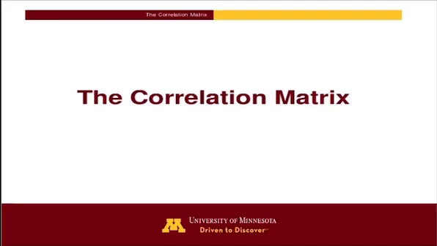Now, if I want to measure the relationship among variables, I start by getting what I call covariance. Covariance measures how variables vary together. But we have a limitation with the covariance matrix.